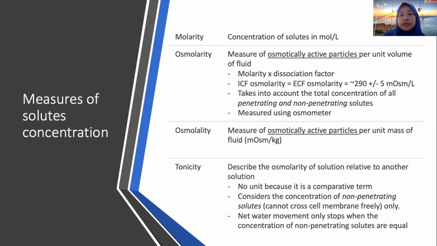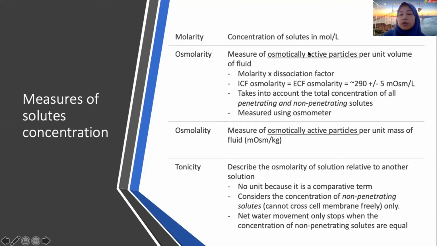For example, if you have a sodium chloride solution, sodium chloride itself in the water will dissociate into the sodium ion and the chloride ion. So the dissociation factor will be 2, right? So if I have 1 mole per liter of sodium chloride, the molarity of that solution will be 1 mole per liter, but the osmolarity will be 2 osmole per liter.